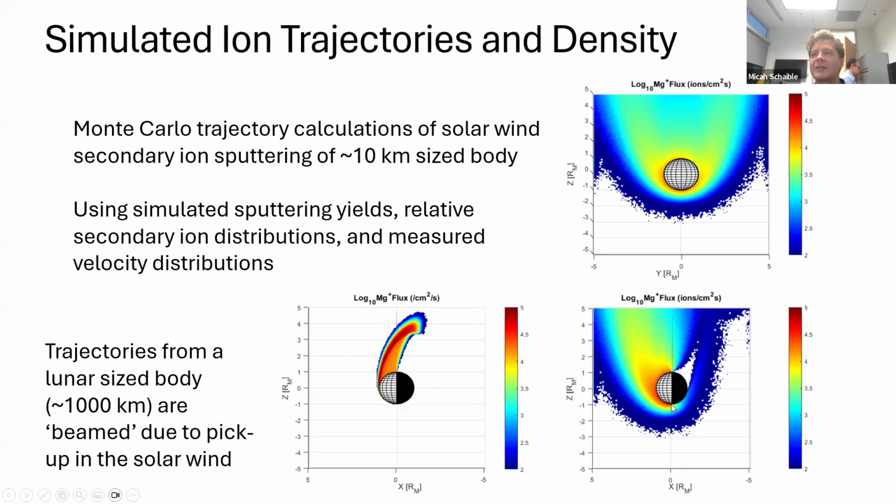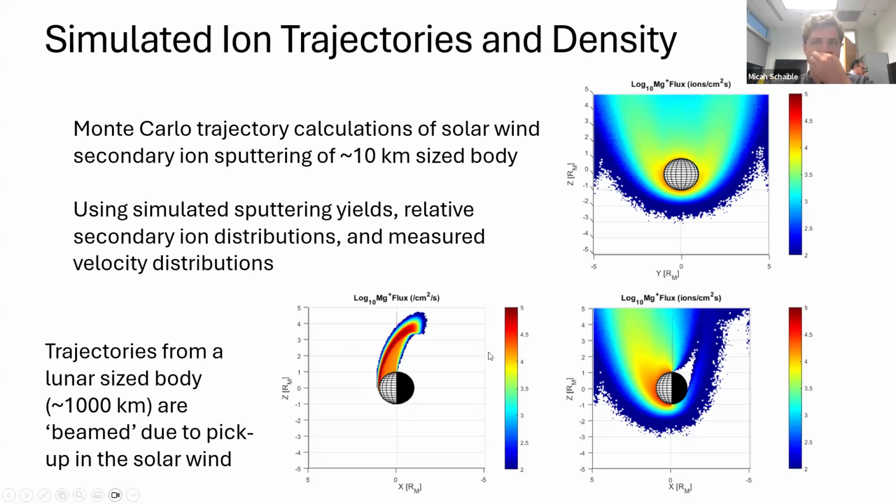And so ions emitted from just about anywhere on the surface are able to be detected if you can get in close orbit. Whereas for something like the moon, because the gyro radii of the emitted secondary ions are smaller than the lunar radius, any ions ejected from the minus B hemisphere are going to be re-impacted into the surface, whereas anything ejected from the positive Z hemisphere is going to be rapidly beamed.